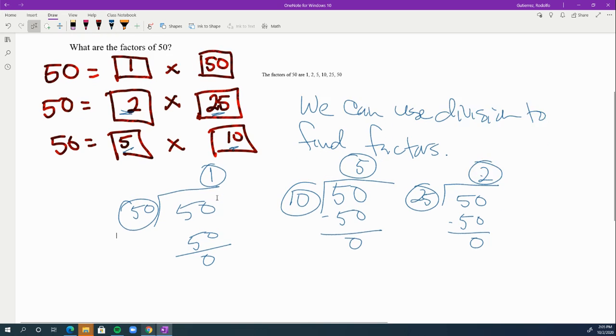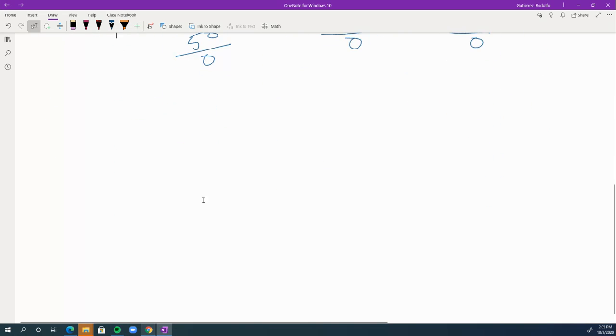Okay, so let's find the factors of another number. Say, for example, what are the factors of 12? A small number, but we should know by now that it is a composite number. That means it's going to have a bunch of factors.